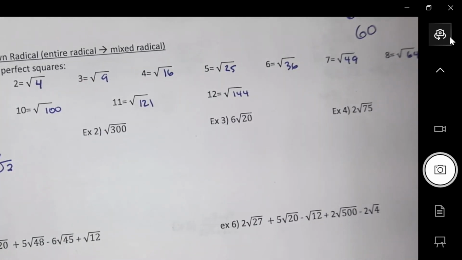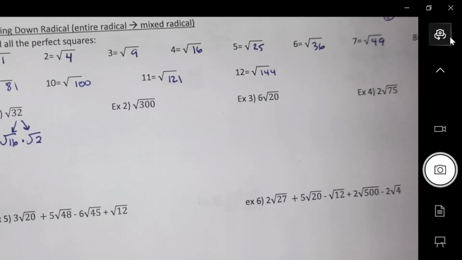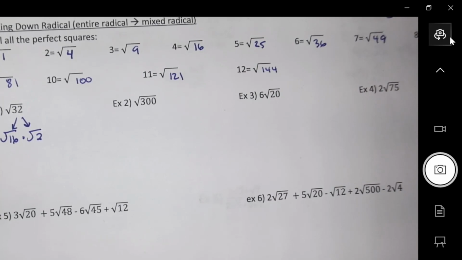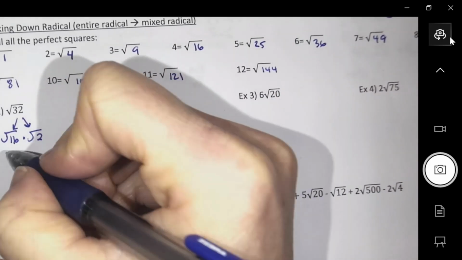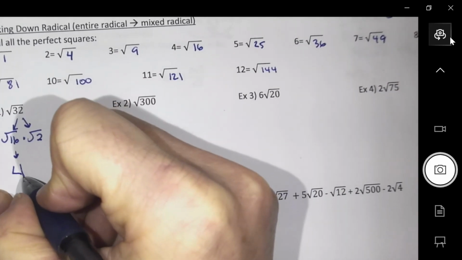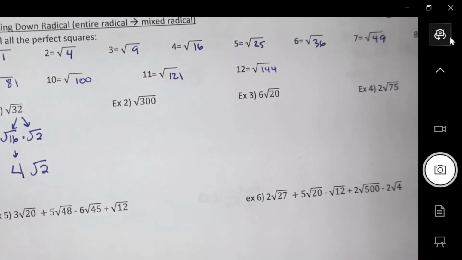So what is root 32? Root 16 times root 2. Okay, does that make sense? Now, what is the square root of 16? 4 root 2.